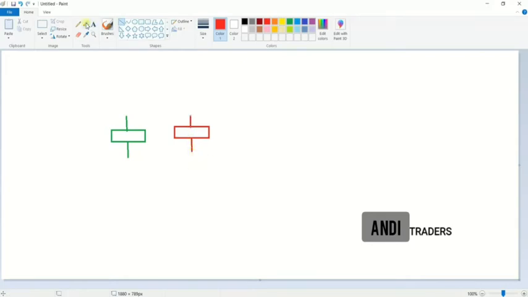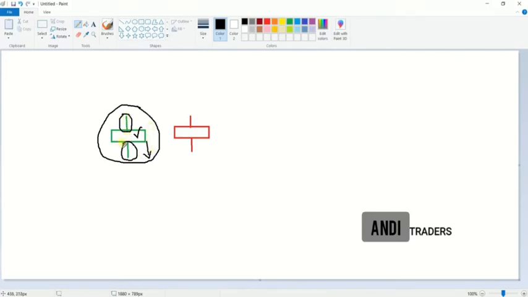What does this candle show us? This candle shows us buyers are in the market, yes, but we can see sellers trying to dominate the market. So at any time the sellers may enter the market because of this rejection.